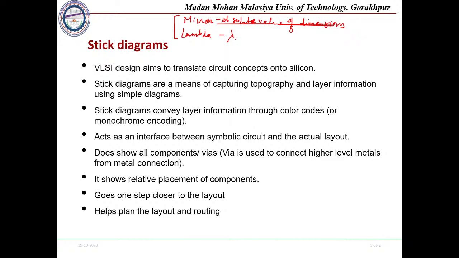This lambda will be a value defined by the user, but all the dimensions will be in proportion to lambda only. If we change the lambda value once, all the dimensions will be proportionally changed.